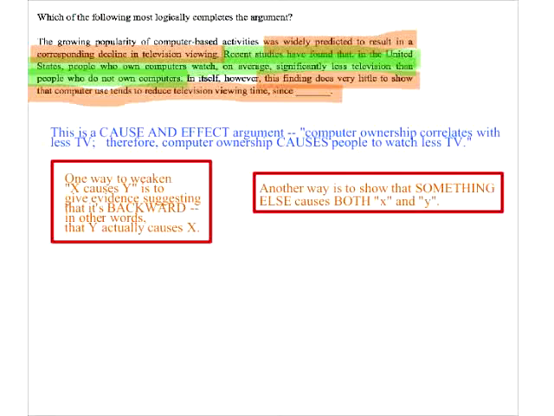So this is another case where they are trying to argue that X correlates with Y, and so therefore X causes Y. So there are two ways in which you can weaken this. The first way is to suggest that it's backward, which would be that watching less TV causes people to go buy computers.